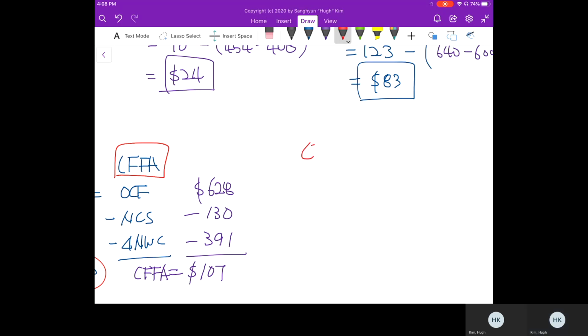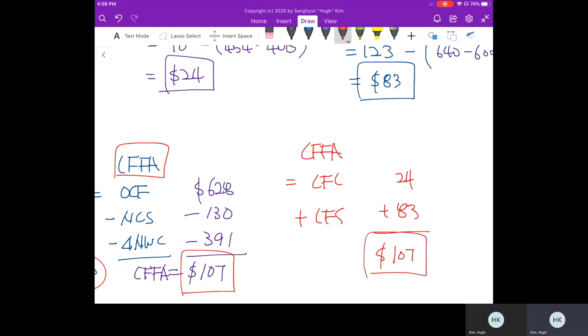Also, this must be equal to cash flow to creditors plus cash flow to stockholders, which is 24 plus 83, which is 107.